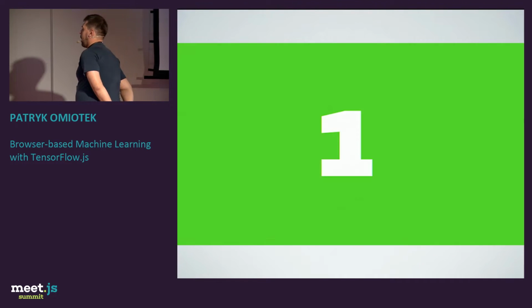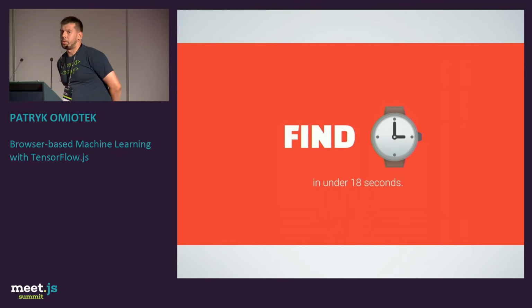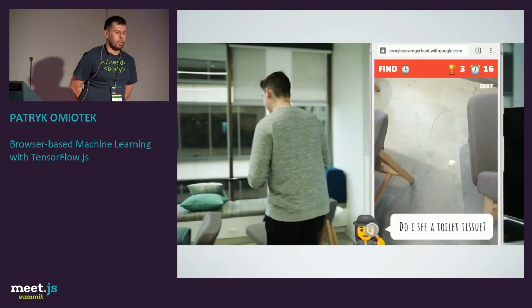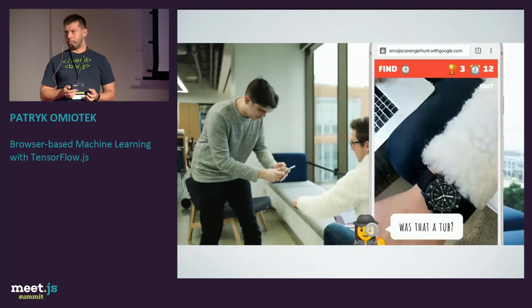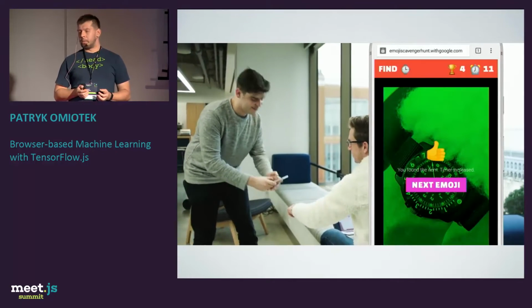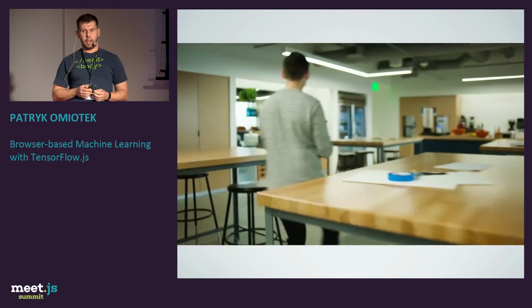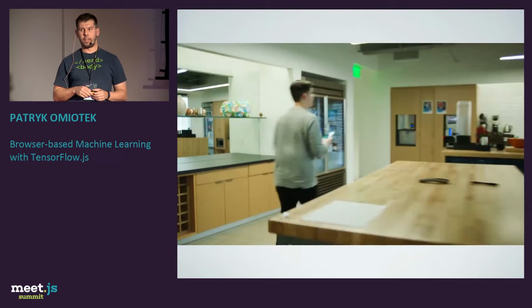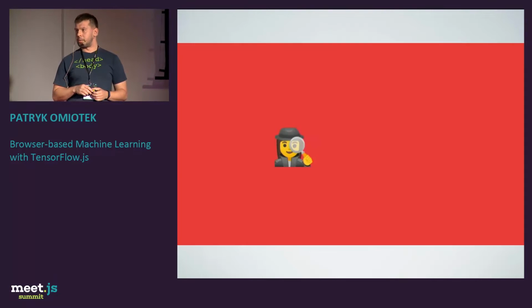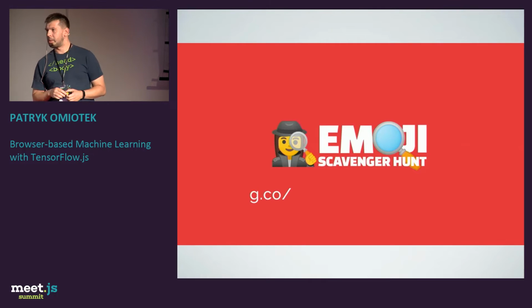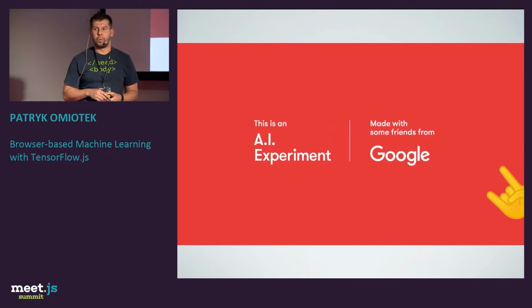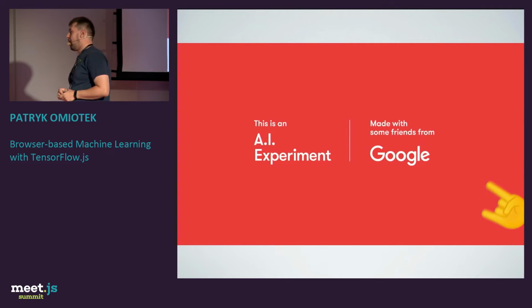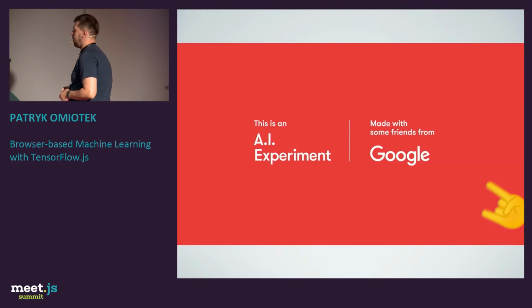So the people from TensorFlow decided, of course, to create some tutorials and some examples showing where you can use TensorFlow. They created a game for mobile clients, because mobile clients have browsers, and browsers have access to the camera and many other sensors.